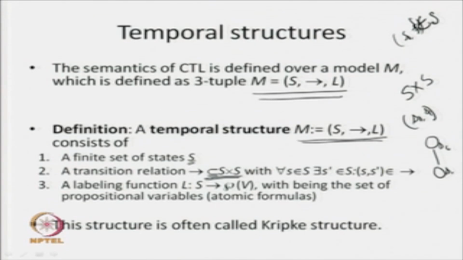With a particular restriction, it says that for all s belonging to S, there exists an s dash such that (s, s dash) belongs to this transition relation. Now, what does it mean? If we have a state, from that state we should have a transition to some other state.